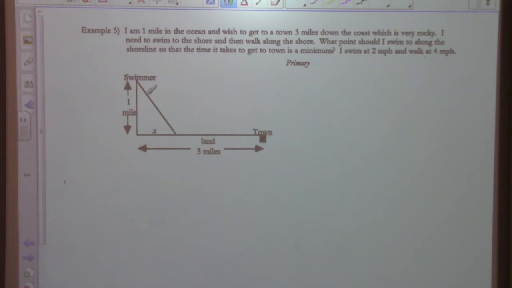But if you go straight perpendicularly to the shore, that's probably not going to be exactly optimal either. Your optimum point of landing is going to be somewhere in between that's going to minimize the amount of time it takes.